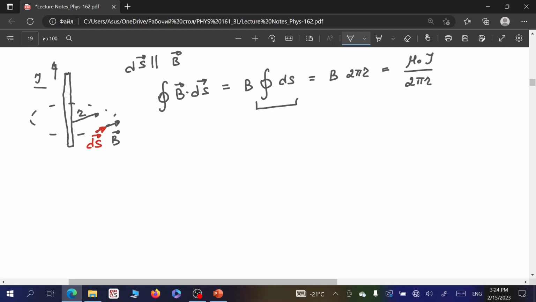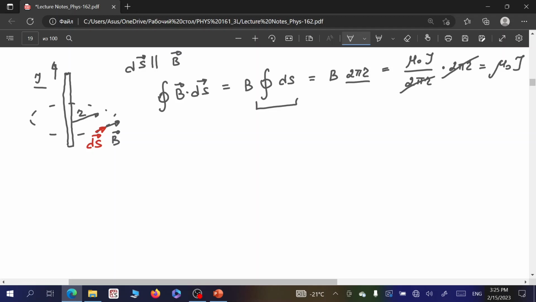And here we put this part, 2 pi times r. These cancel out, and we get mu naught times I. So that is a simple example with a linear, straight conductor.